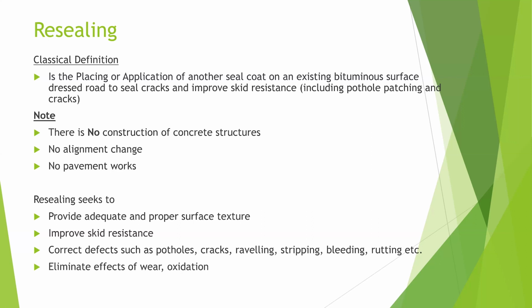By the classical definitions, we shouldn't have all these activities coming into play. Now, resealing seeks to provide adequate and proper surface texture and also improve skid resistance. It corrects defects such as potholes, cracks, raveling, stripping, bleeding, and rutting. It is supposed to eliminate effects of wear and oxidation.